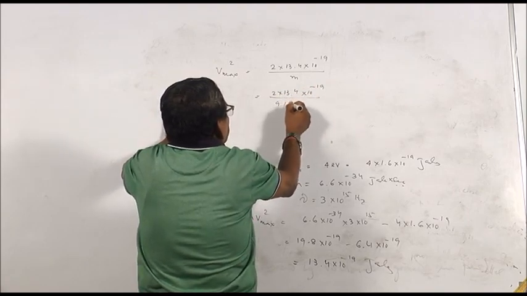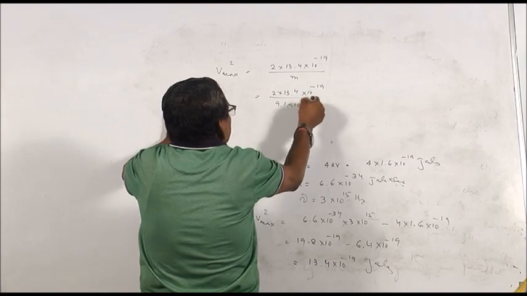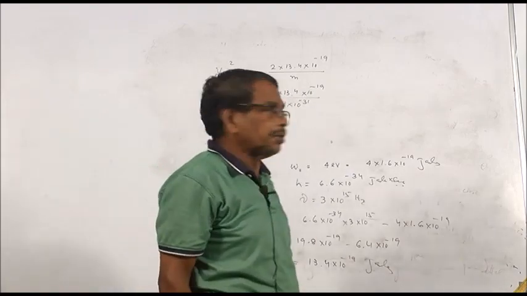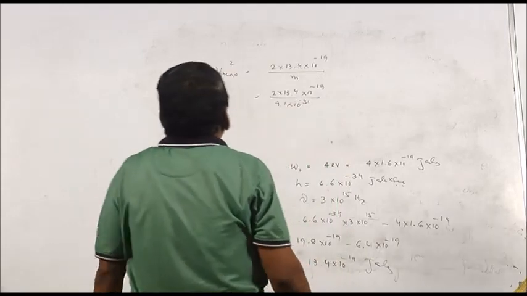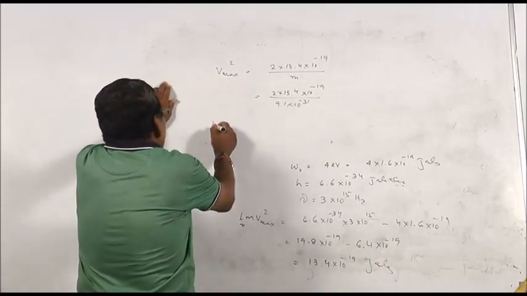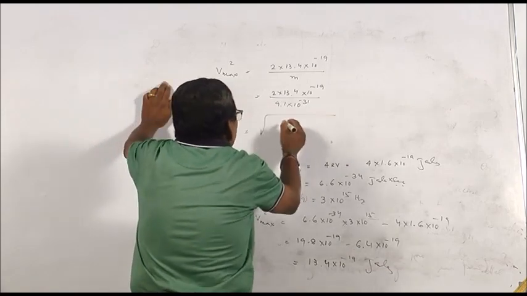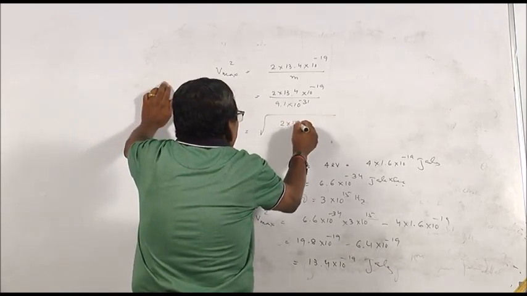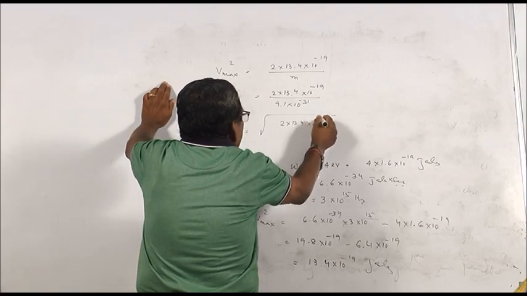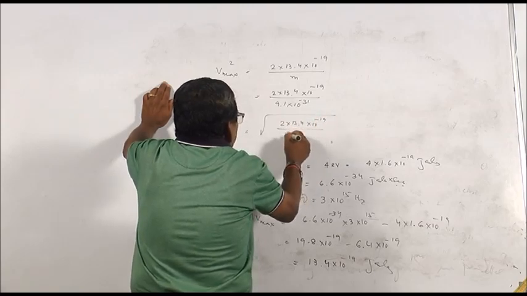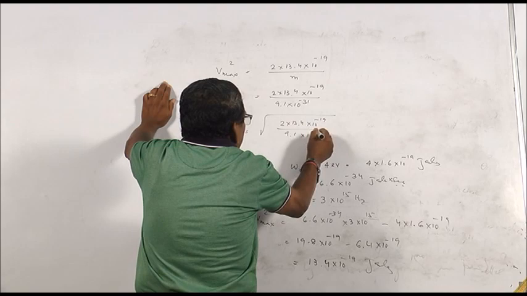Remember the value 9.1 into 10 to the minus 31 kg, the mass of the electron. So, what is V max? V max is equal to root over of 2 into 13.4 into 10 to the minus 19 by 9.1 into 10 to the minus 31.